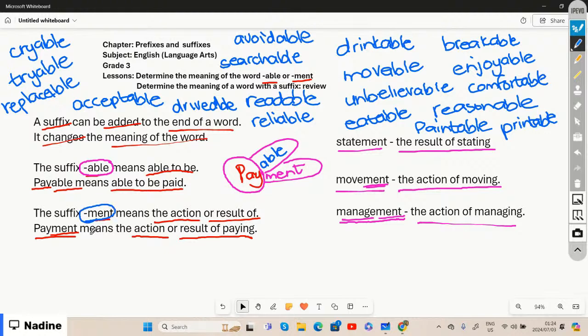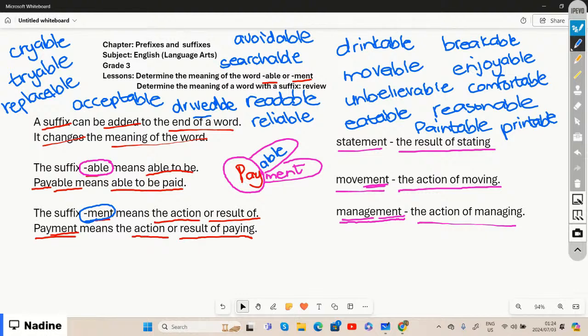We have words like statement, which is the result of stating. We have movement, which is the action of moving, and we have management, which is the action of managing.